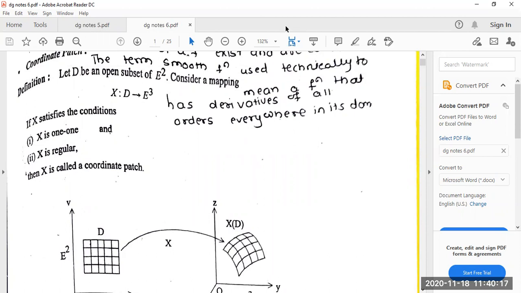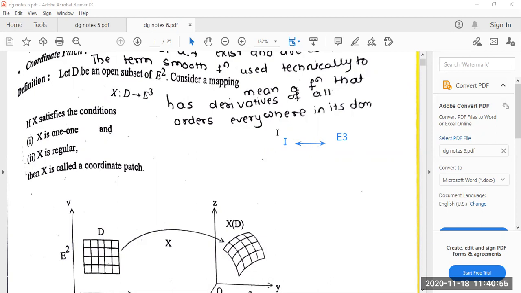What was our definition of a curve alpha? If you remember, a curve alpha was a function from an open interval I to E3 space.